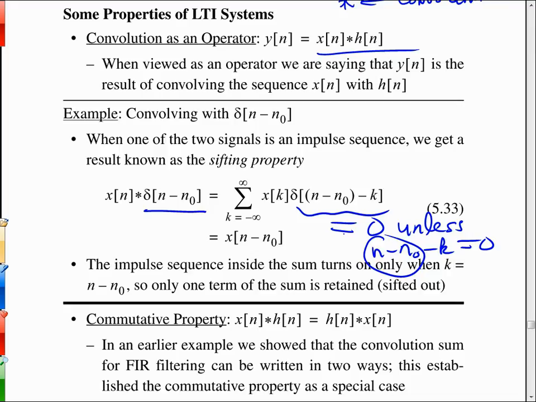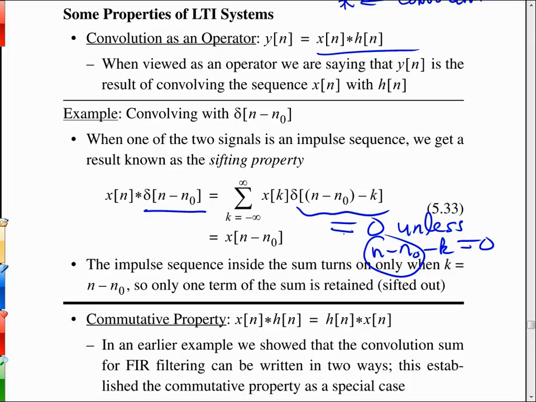And at some value, as k goes stepping along like that, it hits that one value, in this case n minus n naught, where it turns on, and then that multiplies x at that k value by 1, and that's what comes flying out. So the thing to remember about the convolution with the delta is it's called the sifting property.